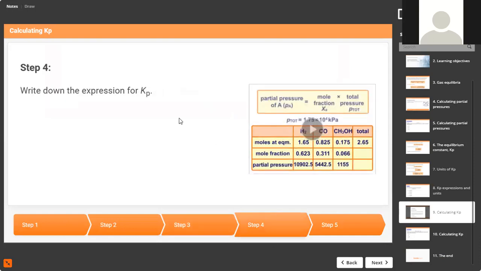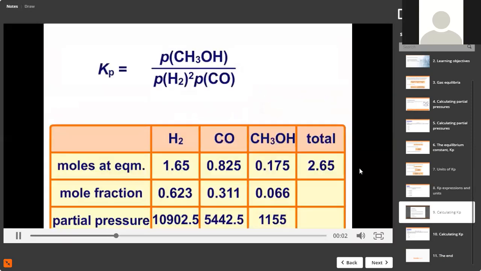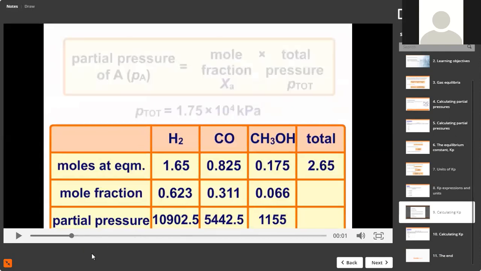Now, step 4, we're going to write down our expression for Kp. I'm actually going to just do this one here.